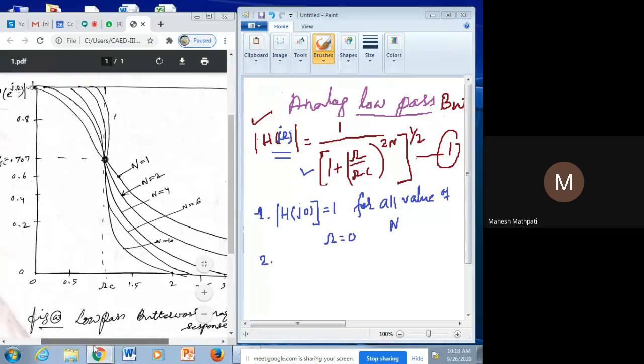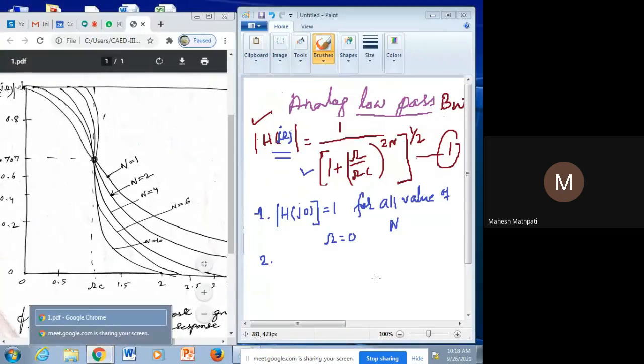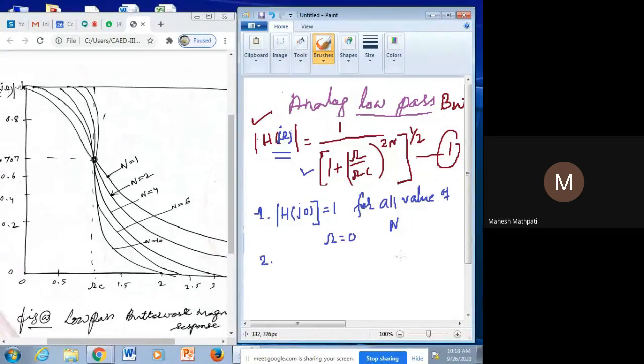Next value. Next, if I take at omega equals to omega c, at omega equals to omega c if I am considering, तो क्या होगा वैल्यू? कोई बताएंगे मुझे? So what is the value of this? Magnitude h of j omega c, right? मैग्नीट्यूड एच ऑफ जे ओमेगा सी, कितना होगा वैल्यू उसका? 1/√2.